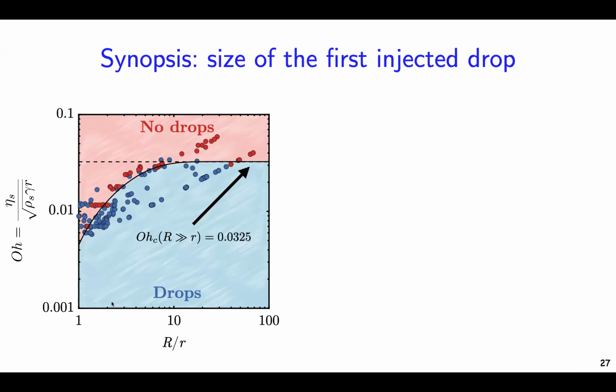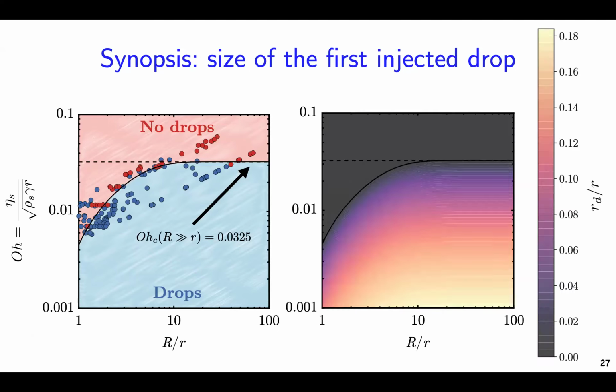So this was the regime map I showed you before, which classifies droplets and no droplets, both from experiments as well as from simulations. Now what we can do is look at the radius of the droplets using the same set of experiments and simulations as I showed you before.